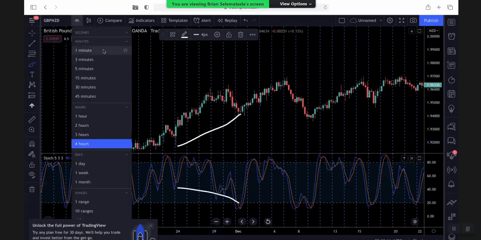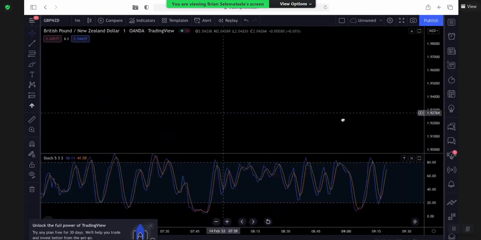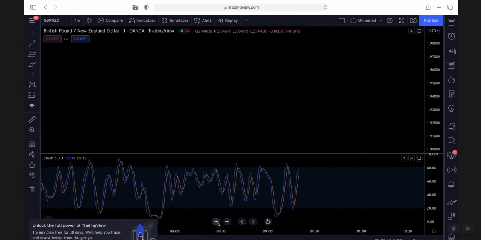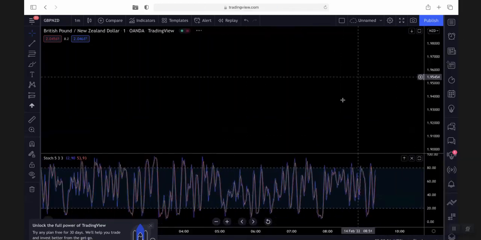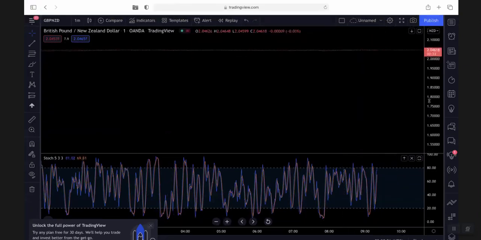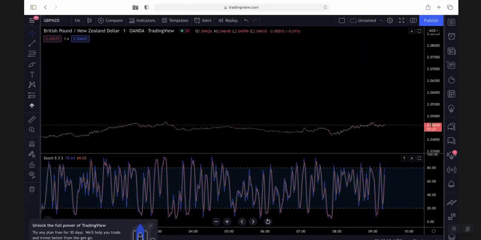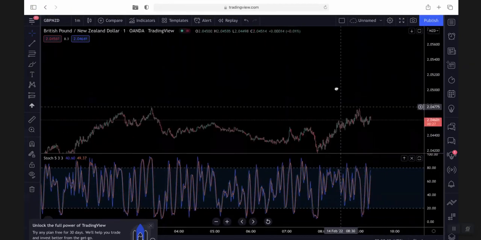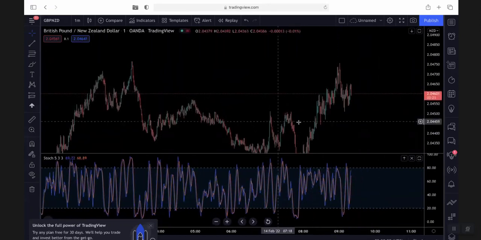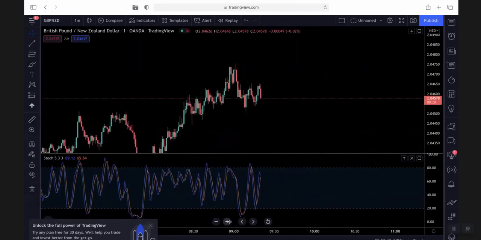And even if I go to 1 minute, so this is the 1 minute time frame. I'm just going to show you the divergences.